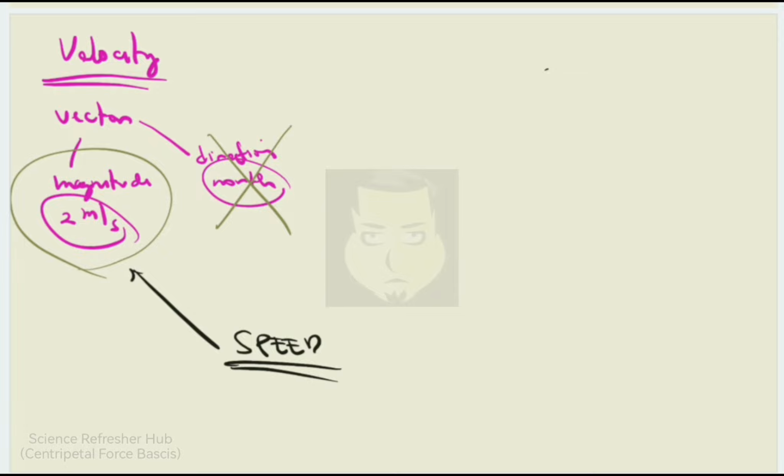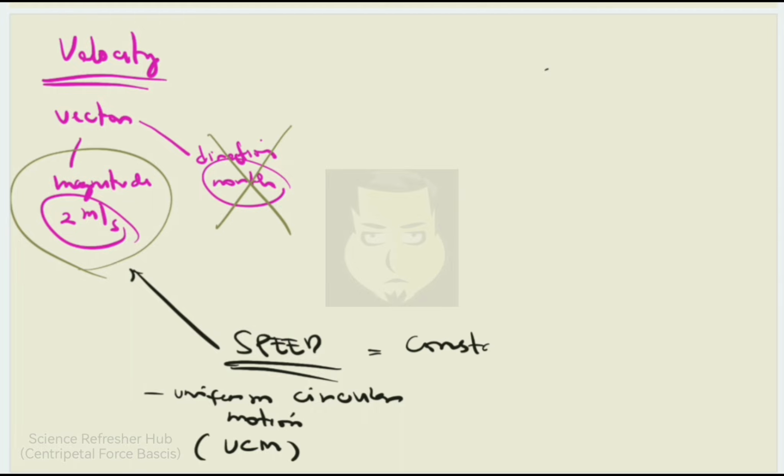Okay, so the speed in our uniform circular motion, or abbreviated as UCM, it's constant, because without direction, the magnitude of our velocity is constant, if you could still recall.